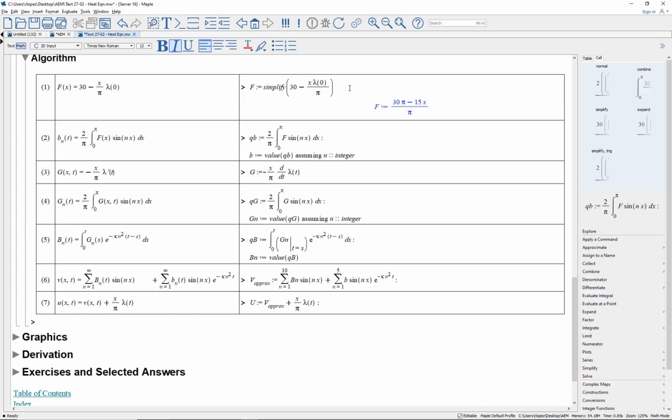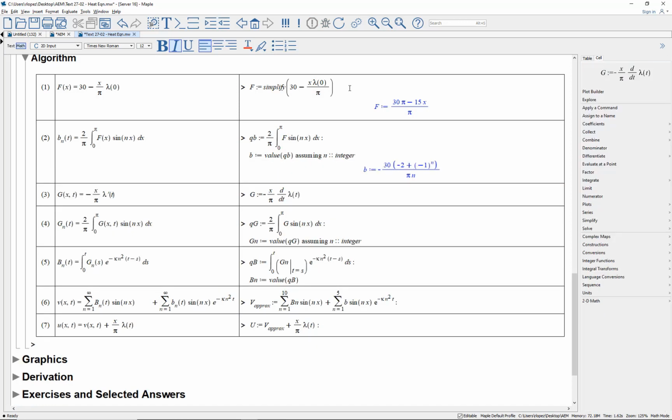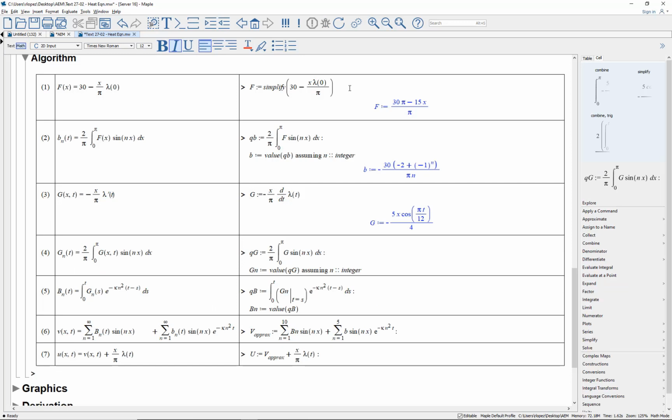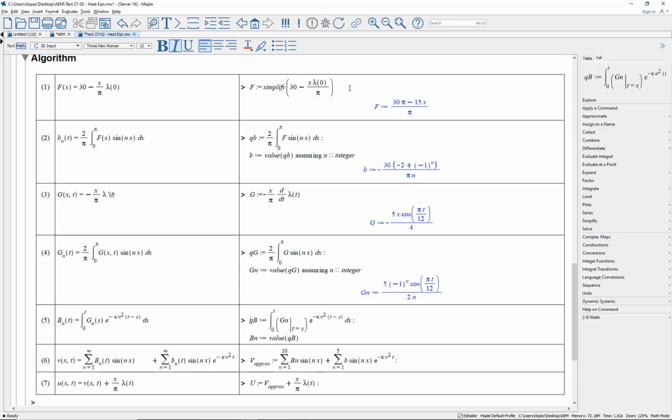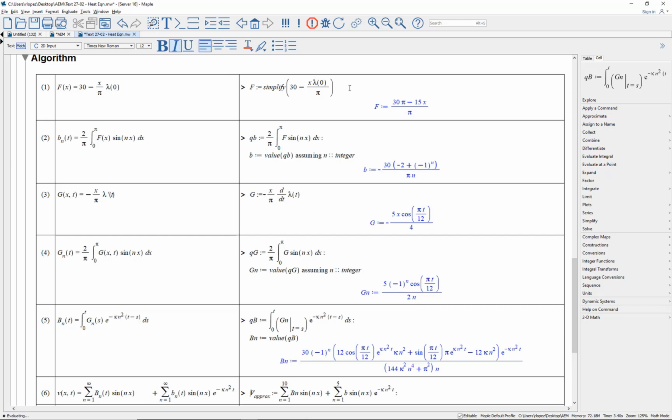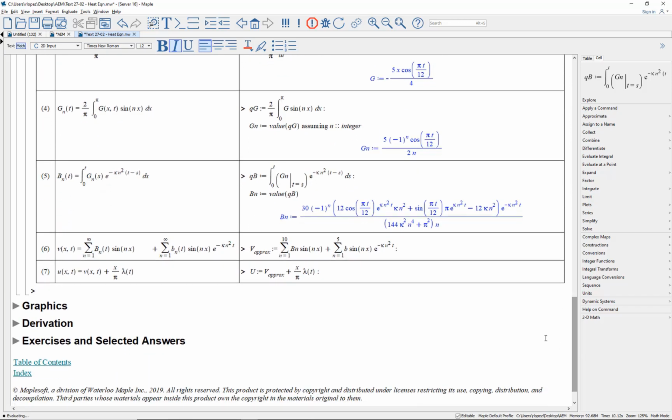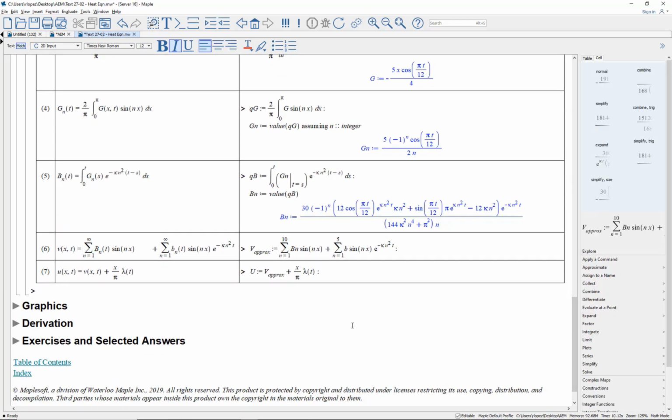Then we compute the little b's, because from F you get the little bn's. This is what G is. These are the big G sub n's. Therefore, these are the bn's because we have used this variation of parameters solution to the differential equation.